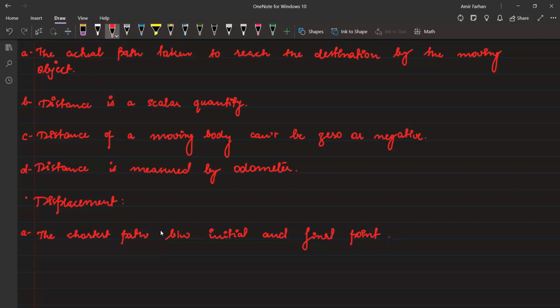The shortest path between the initial and final point. Any doubt?